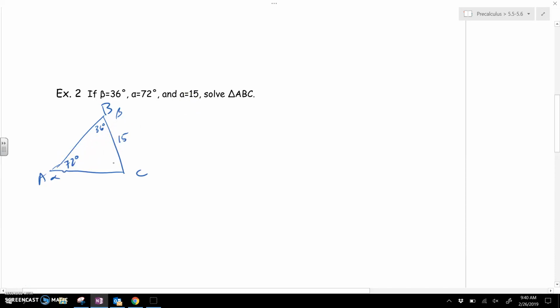So the first thing I could solve for would be side length b. So I'm going to do b over sine of 36 equals, and then I know the side length of a and the angle alpha. So this is how I should have set it up: b over sine 36 equals 15 over sine 72.